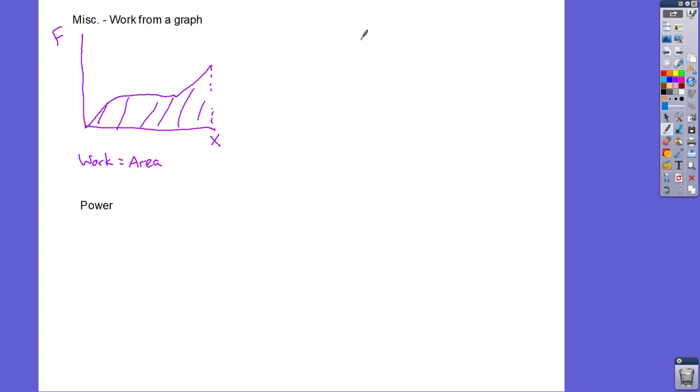A classic example of this is the work done on a spring or by a spring. So if we talk specifically about springs, we know that the force on a spring is equal to K times X, or delta X. So when the spring is not compressed, there's zero force it takes to do that, and this is a linear function right there.